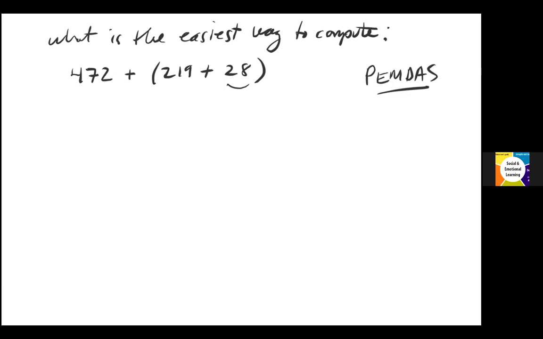So how does this tie into the commutativity and associativity that we just talked about? By the commutative property, I could rewrite this as 472 plus 28 plus 219.